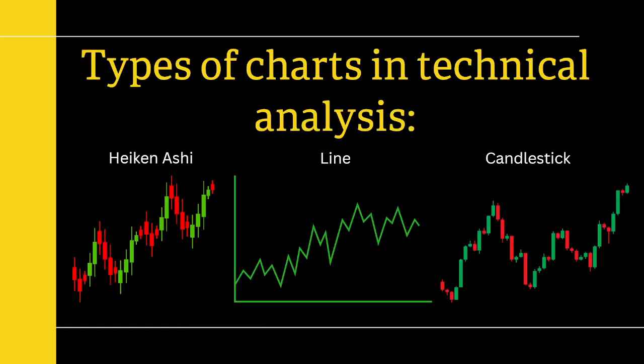Now, there are different types of charts in technical analysis. One of them is the Heikin-Ashi. We also have a normal line chart, which is very popular, and we have the normal Japanese candlestick chart. The difference, a line chart is very self-explanatory.